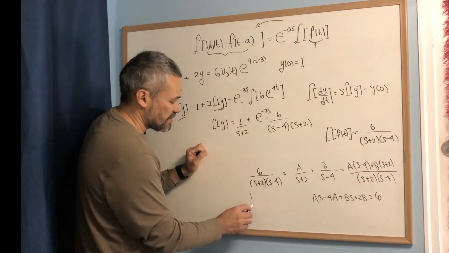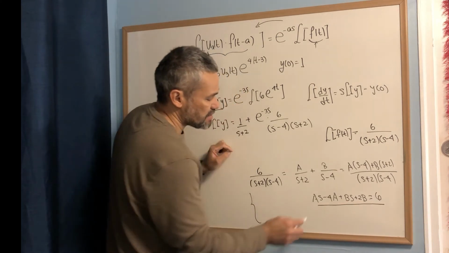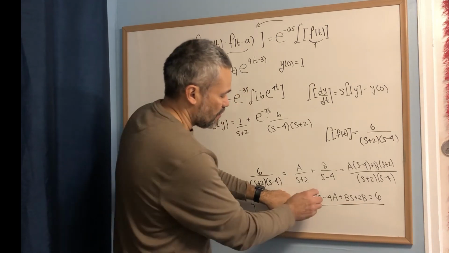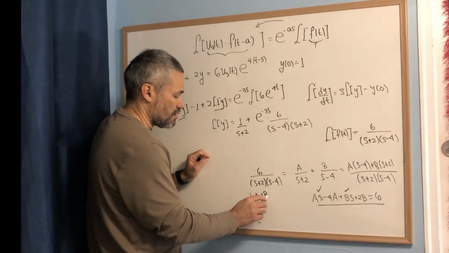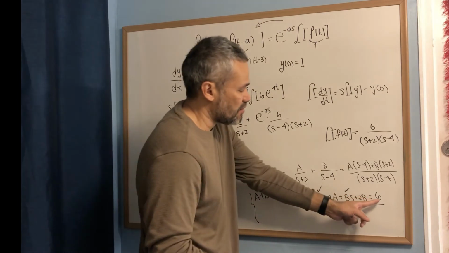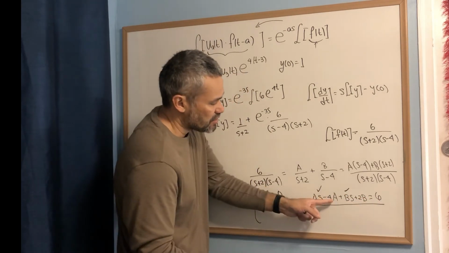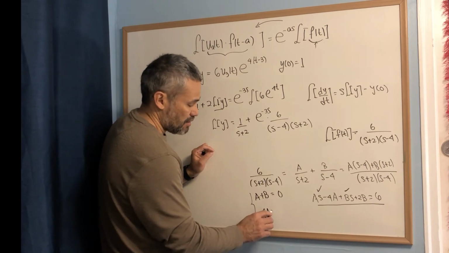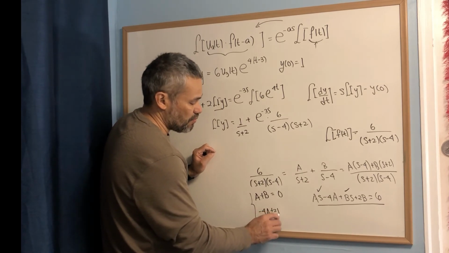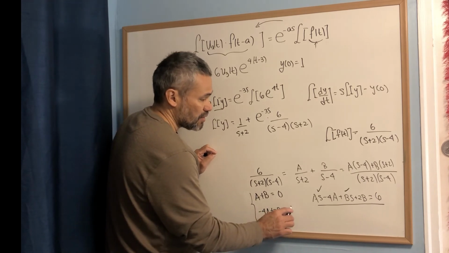Then we set up the system of equations. When we compare the coefficient of s on the left, we have a plus b. And what is the coefficient of s on the right? It is 0. And the constant coefficient is negative 4a plus 2b, and we want that to be equal to 6.